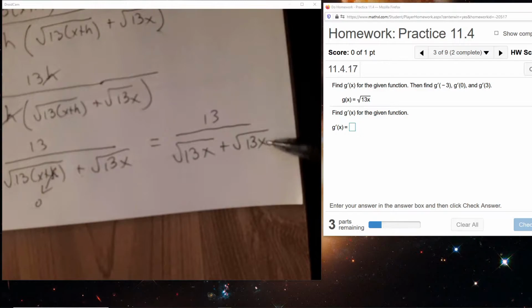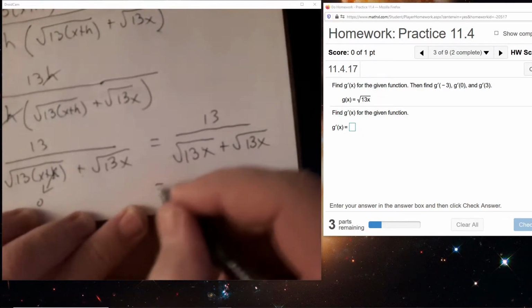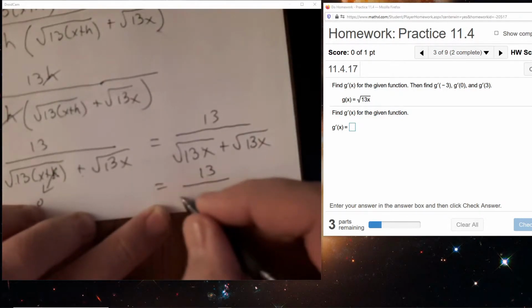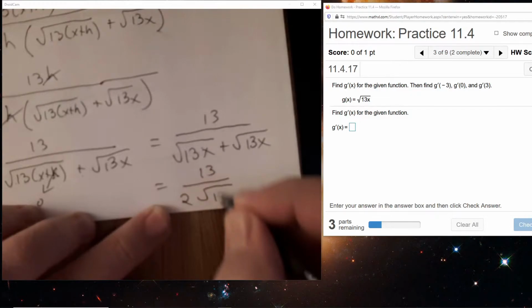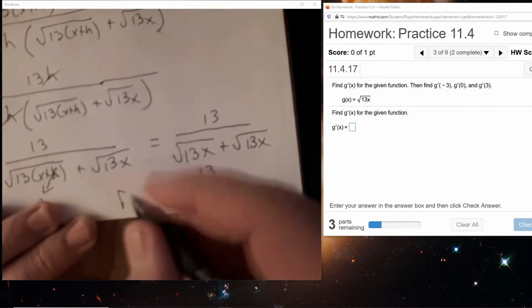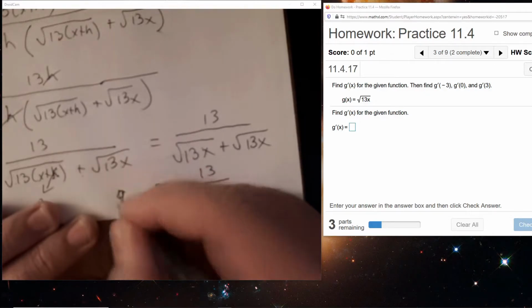Since these are like terms, we can add them together to get our final answer for our derivative.